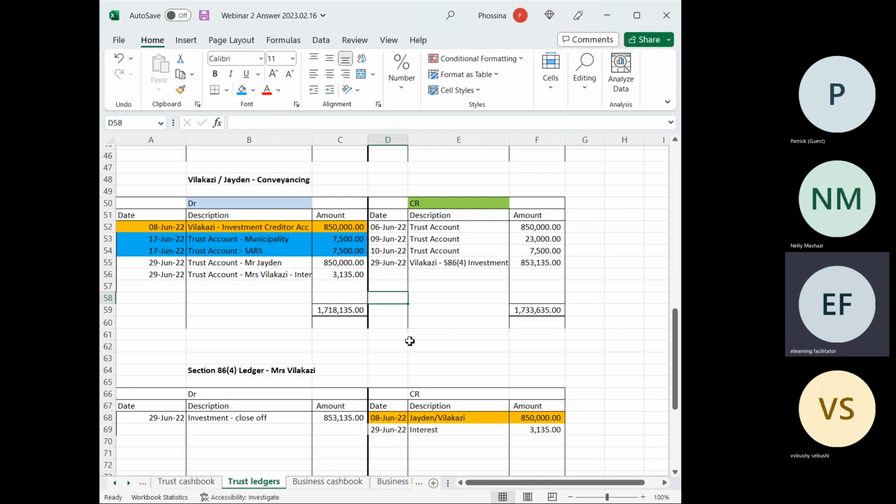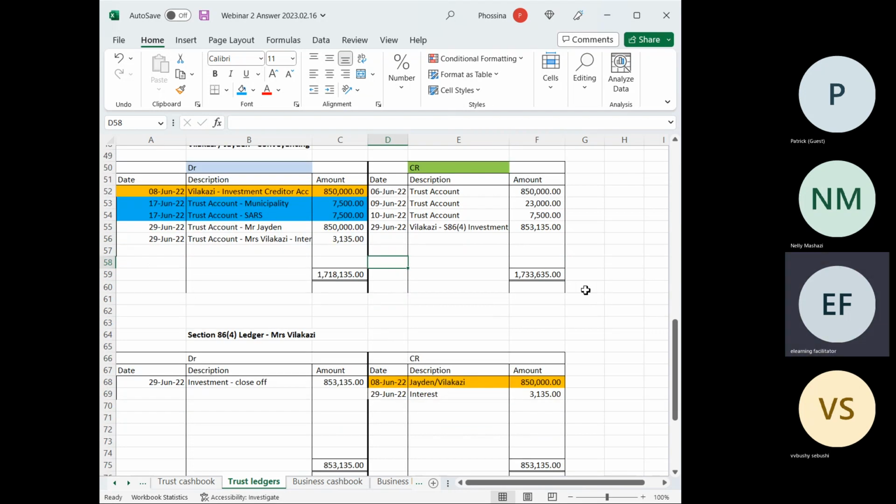Okay. So at the end of the day, let's see, our trust account is supposed to balance off, which is not yet balancing. Why? Because we are told that we also transferred our fees to the business account.